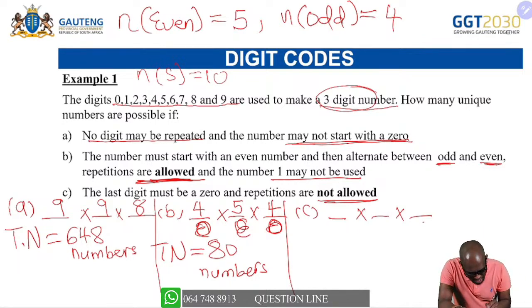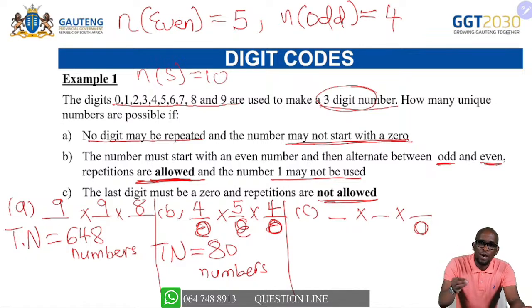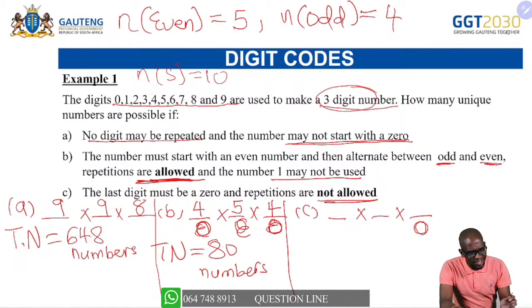So you must have a 0 there. That's where we're going to start. So we're going to ask ourselves now, how many options do we have of having zeros in the last position? Since there is 1 0 in the sample size, it means that there is only 1 option of having a 0 in the last position. Now we can fill in the rest of the positions there.